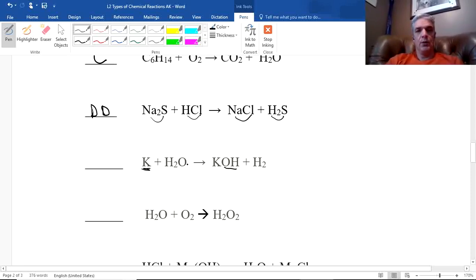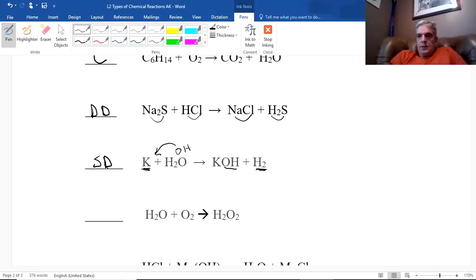And then we leave a hydrogen all by himself. So really, there's an OH that jumped from here and went over there, and that left the hydrogen by itself. And so we refer to this as a single displacement. One person kind of grabbed the partner from the other one, okay? And that's a single displacement reaction.